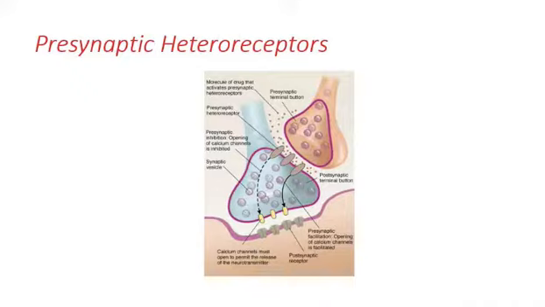And so if the opening of the calcium channels is inhibited, we have what's known as presynaptic inhibition, and if the opening of the ion channels is facilitated by the drug, then we have what's called presynaptic facilitation.